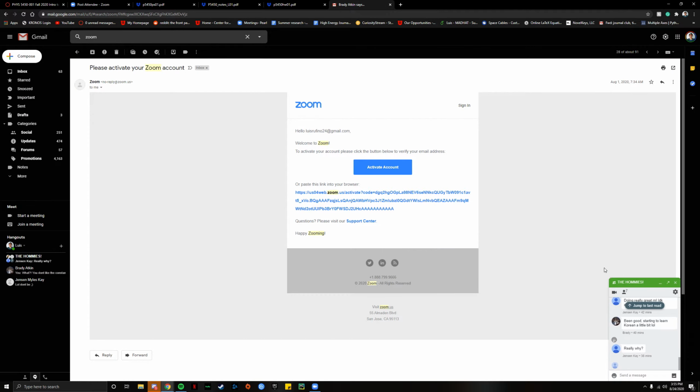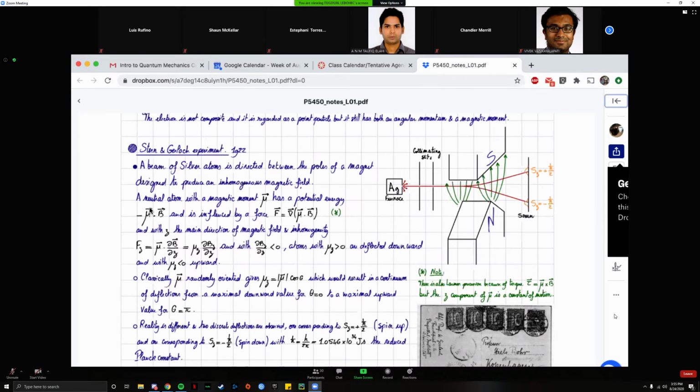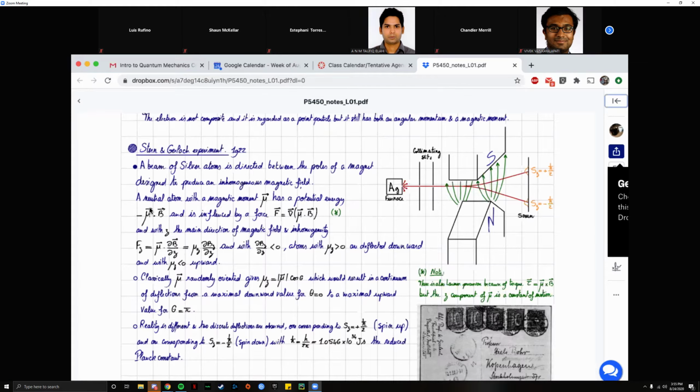Okay? And since there is a potential energy associated with the interaction between the magnetic moment and the magnetic field, there is also a force that is acting. So there's a torque, which we discussed already, which does not really affect the result of this Stern and Gerlach experiment. But there is a force that you would calculate as the gradient of minus the potential energy.